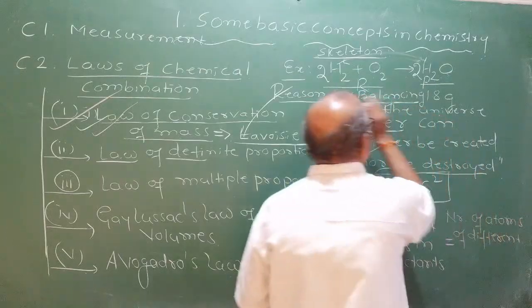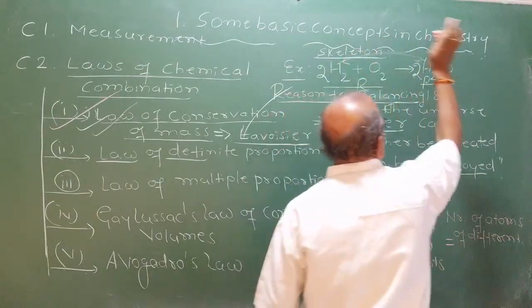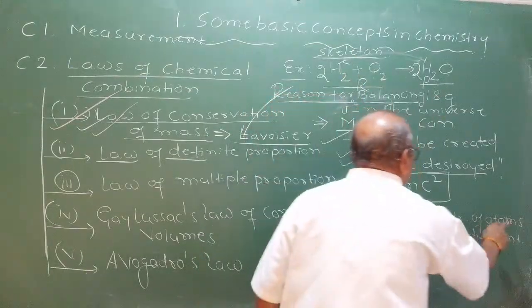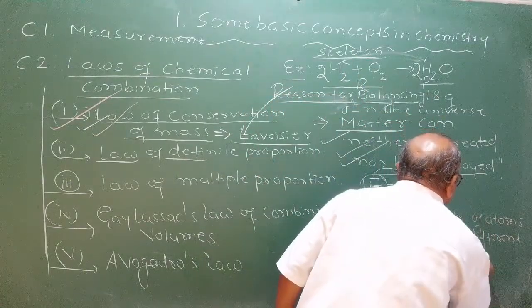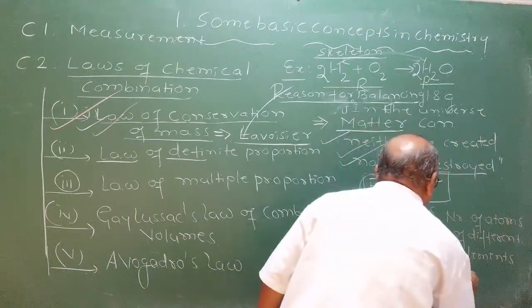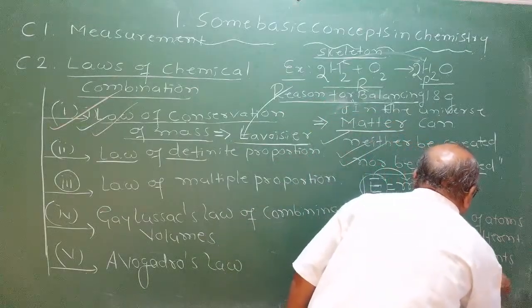Then it is called an equation. The meaning of equation in mathematics is that LHS is equal to RHS. Therefore, it is called a chemical equation. The number of atoms of different elements in the reactants and in the products must be equal.